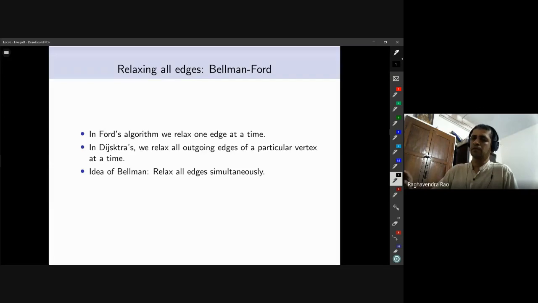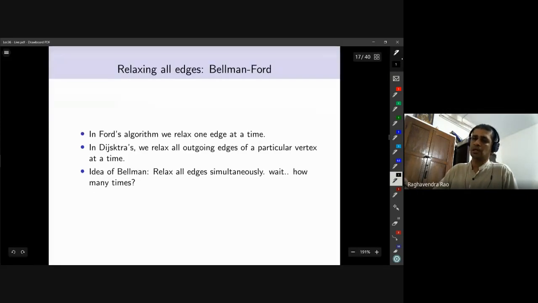You look at the graph and relax all of them in one go. All m edges you relax simultaneously. But then the question is how many times you will have to repeat it. Is it okay to do it once, or will you have to do it multiple times?